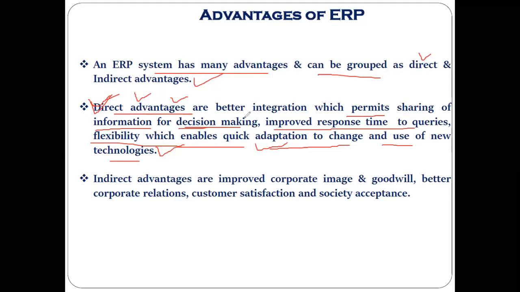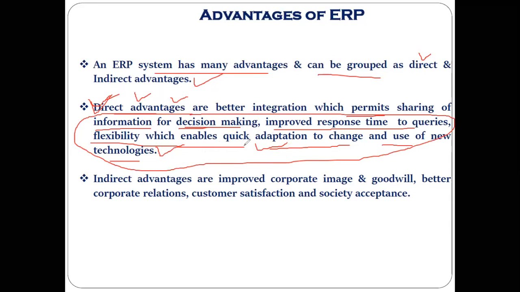Then there are the advantages we can get because of these direct advantages. Listen carefully: the advantages we get because of direct advantages like quick decision making, improved response time, quick adaptation to the changes, and easy integration with new technology.